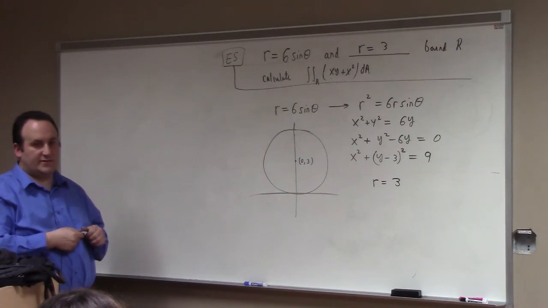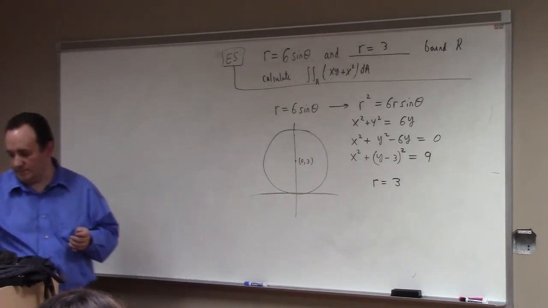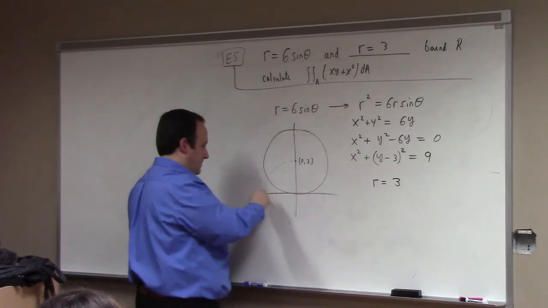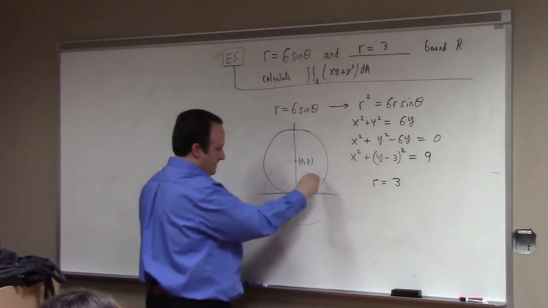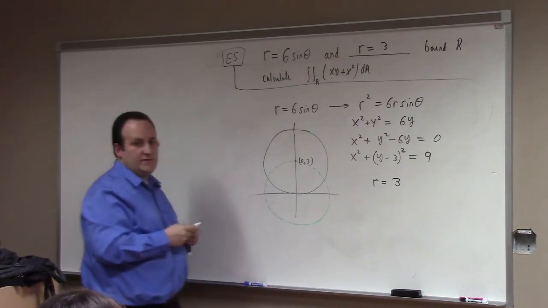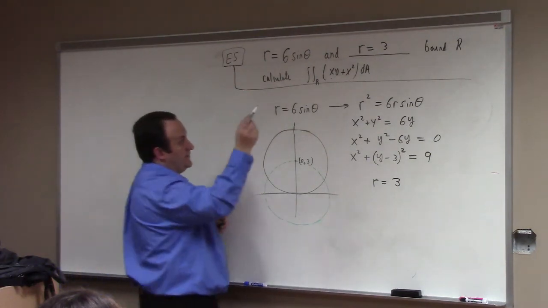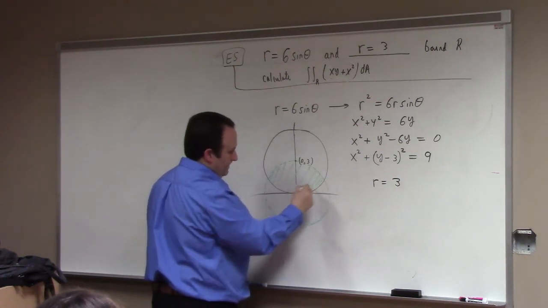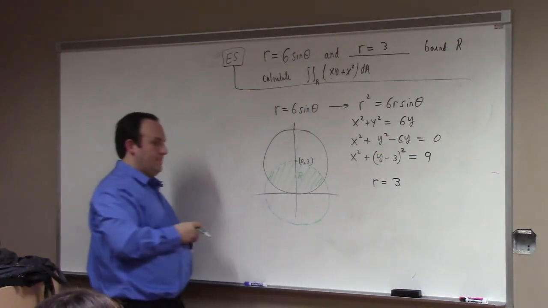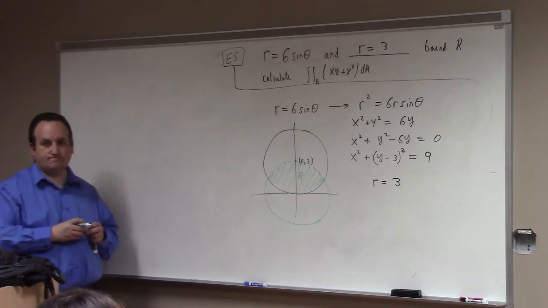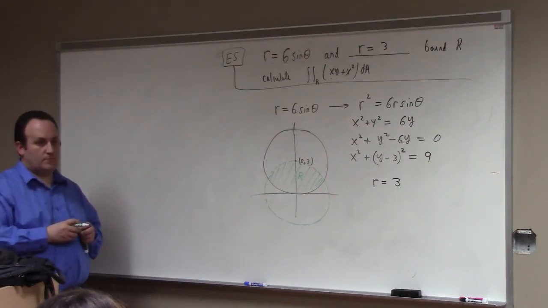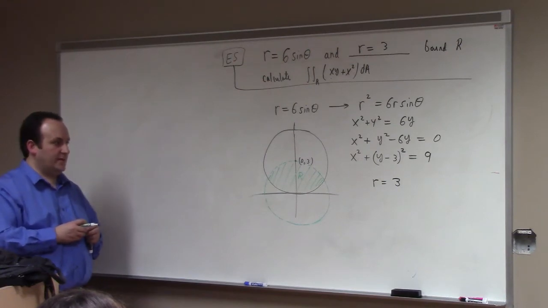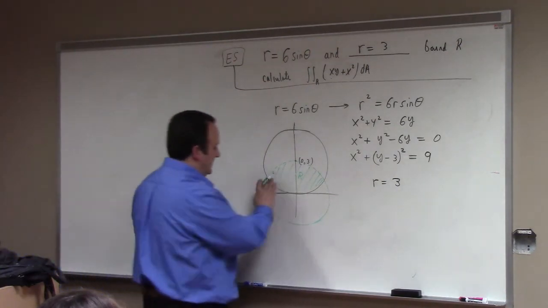So r equals 3 looks like what? Like that, right? So what's the region which is bounded by both of these? This is the region r right in here. Right? So when we think about that region, if you don't mind, I'm going to erase my shading.